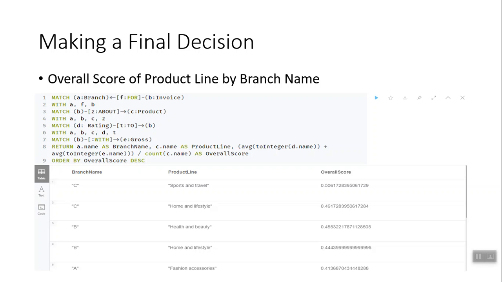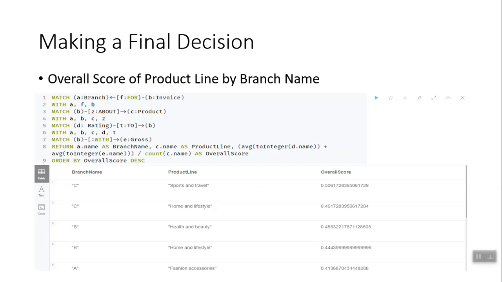As you can see, branch C, product line sports and travel, and branch C, home and lifestyle, had the 2 highest overall scores, which leads me to my selection of branch C. It also indicated earlier that there were not a lot of transactions, but yet high yielding gross income on average and in total, which says to me it's not a very saturated branch.